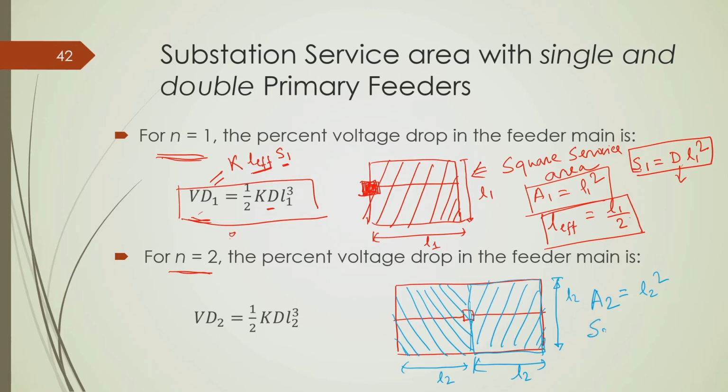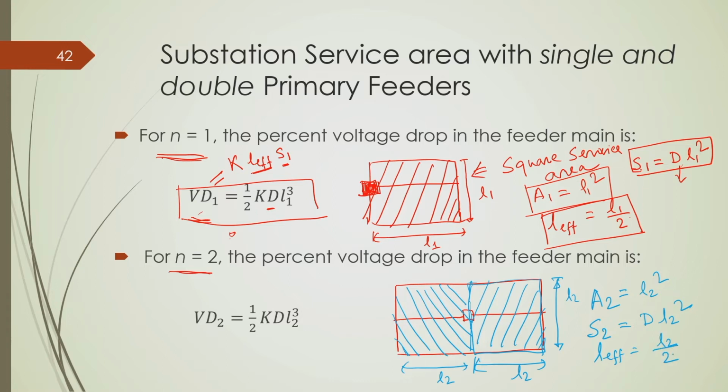So, S2, which represents the total load served by each feeder, is D into L2 square, and since the service area is square, again L effective will be equal to L2 by 2.